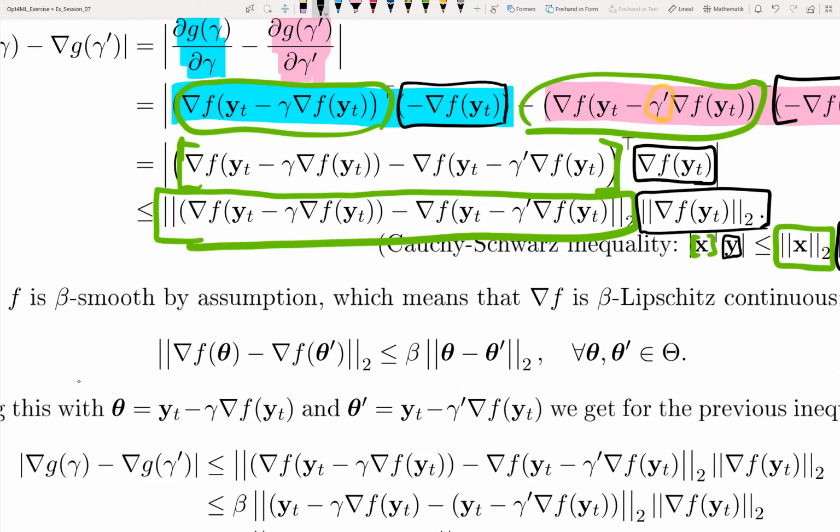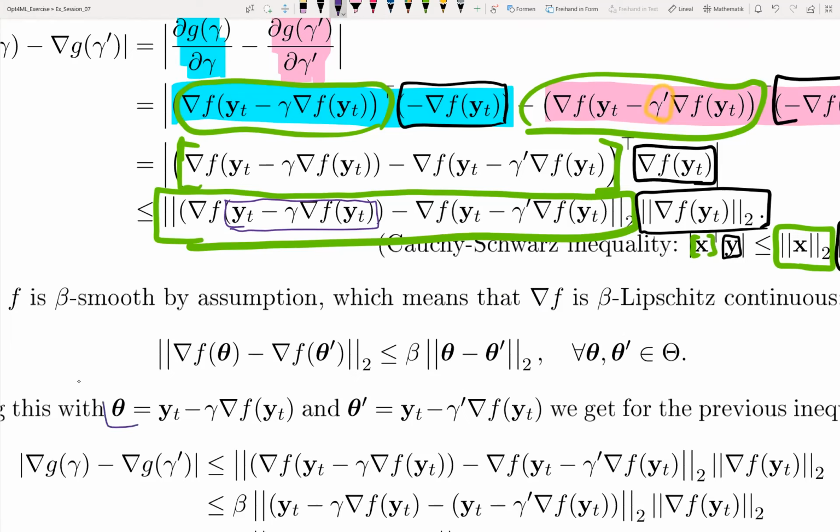Okay, this is good news. If we look a bit closely, here we have the gradient of f evaluated at this point, yt minus gamma gradient f of yt. This is what we can use for the theta.